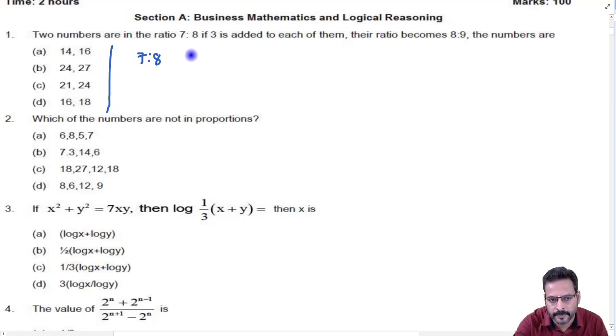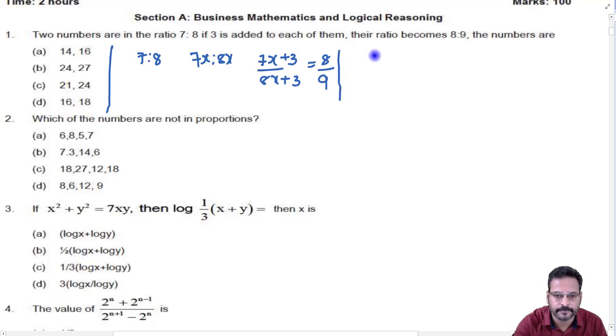That means 7x:8x be the ratio. Ratio means 7x divided by 8x. If 3 is added to each of them, 7x plus 3, 8x plus 3, then the ratio becomes 8/9. Okay.